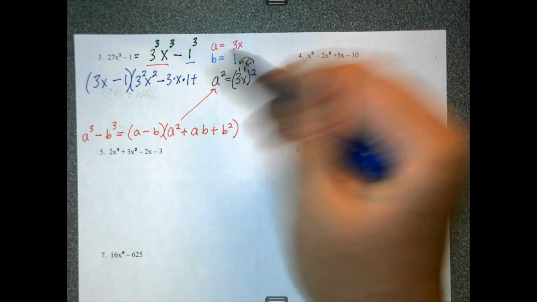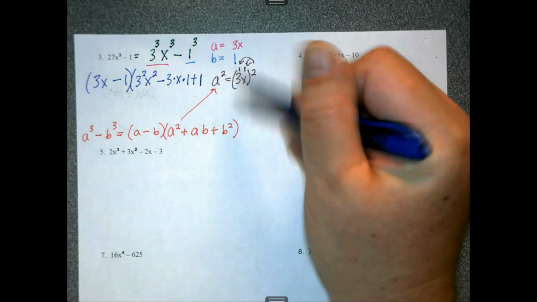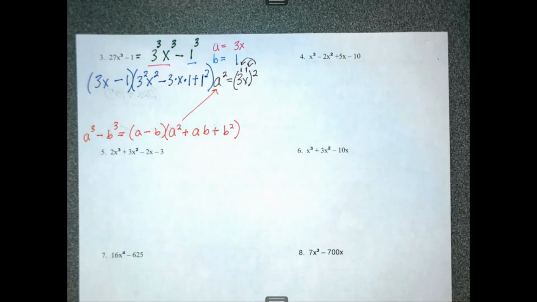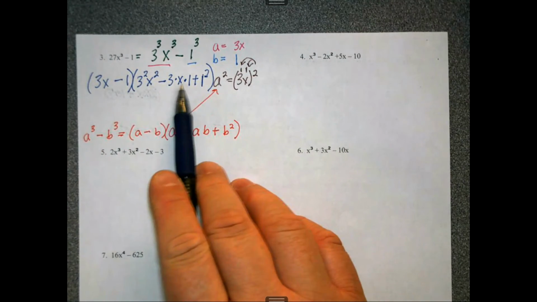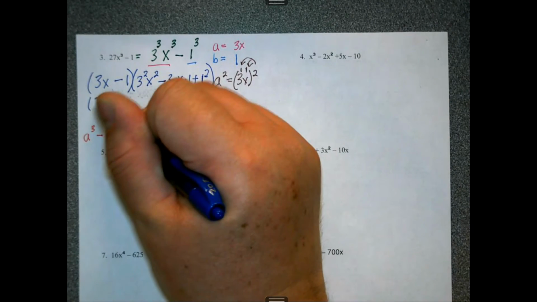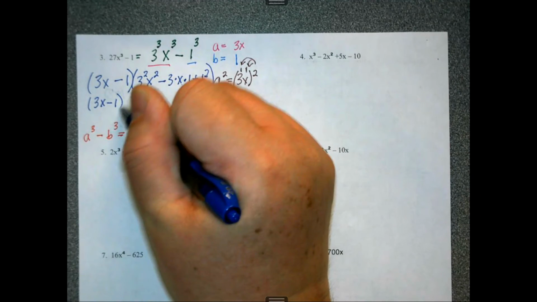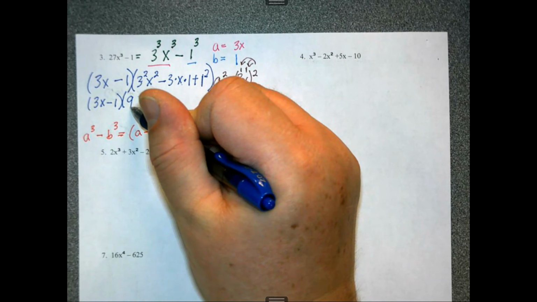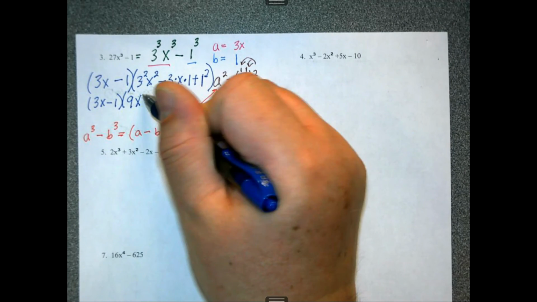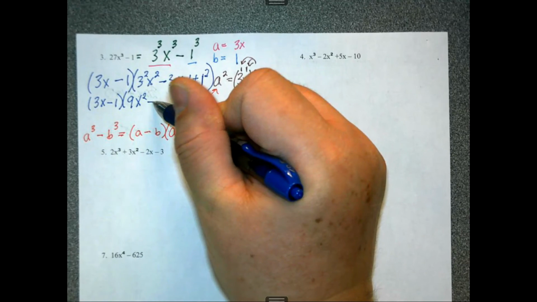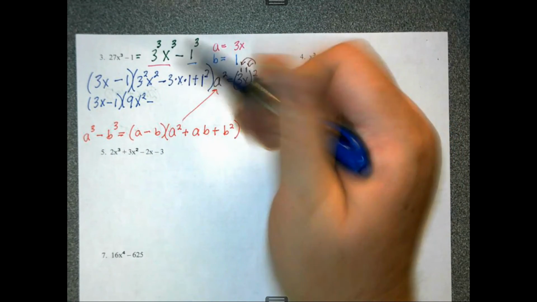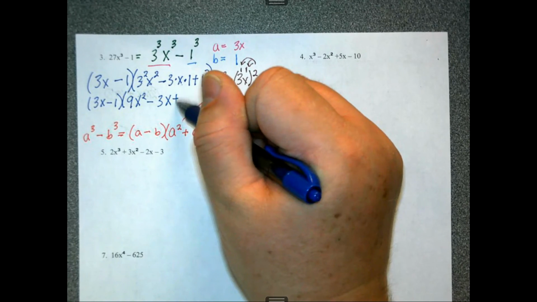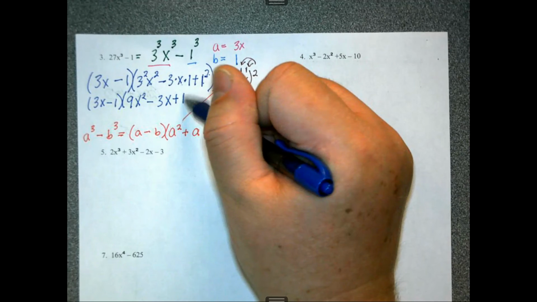So my b this time, 1, and we have to square it. Then we have to simplify this. So I have my 3x minus 1. 3 squared is 9x squared minus, let's see, 1 times 3 is 3, and I have my x, plus 1 squared is just 1.